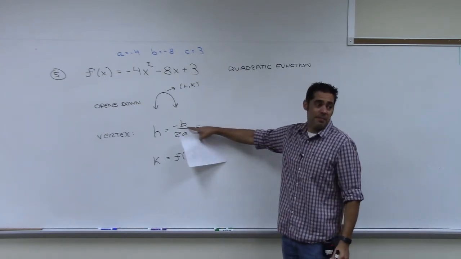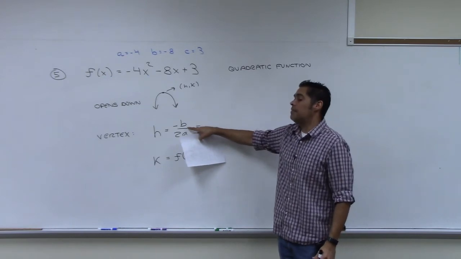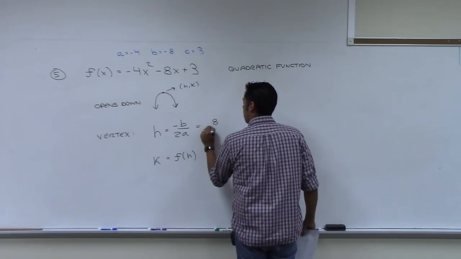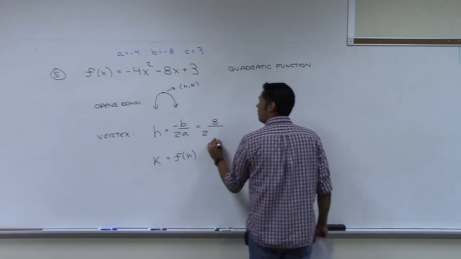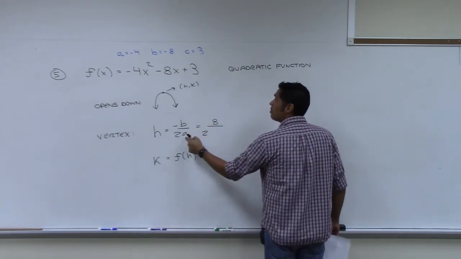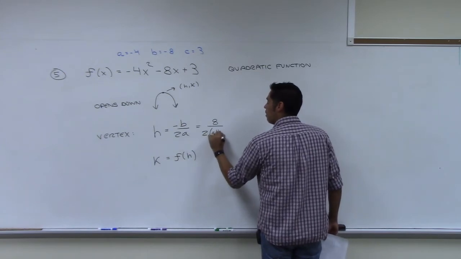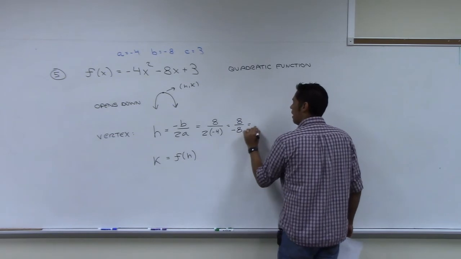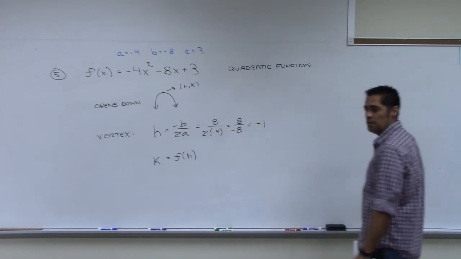It's the opposite of 8. Or sorry, the opposite of negative 8, which is going to be positive 8. So we have positive 8 over 2 times what? a, which is negative 4. So we have 8 over negative 8. And 8 over negative 8 is negative 1.